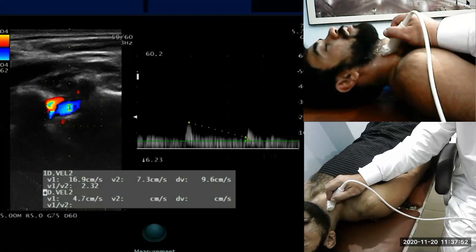So it is similar to the one we found earlier for the internal carotid artery. So remember that we will always find the systolic diastolic ratio of internal carotid artery and the vertebral arteries alike.